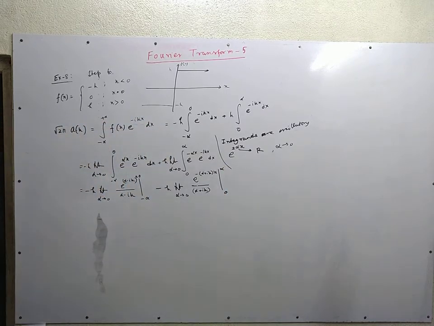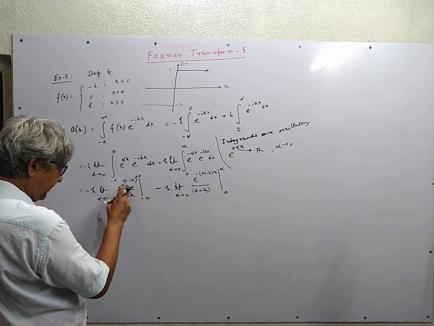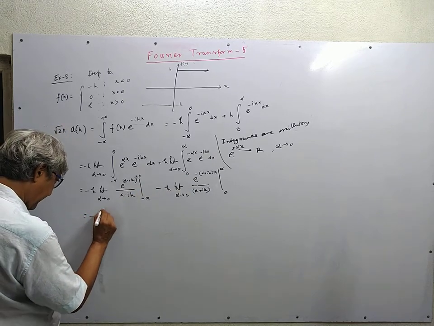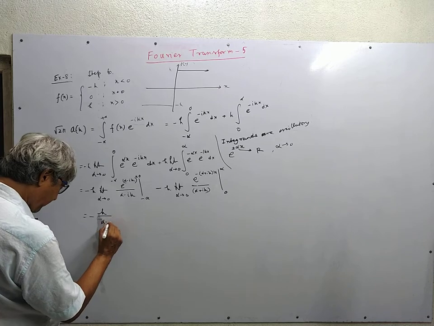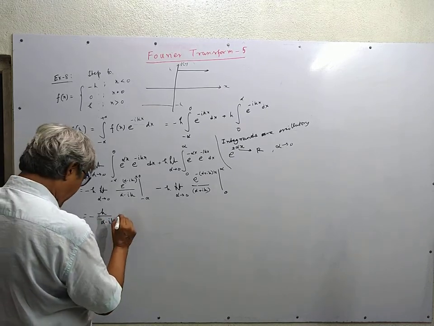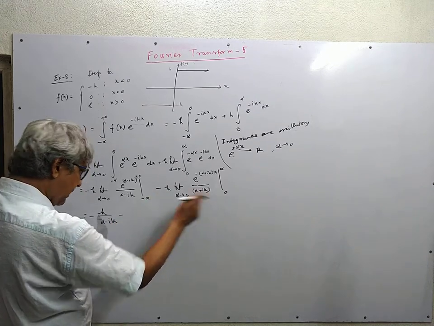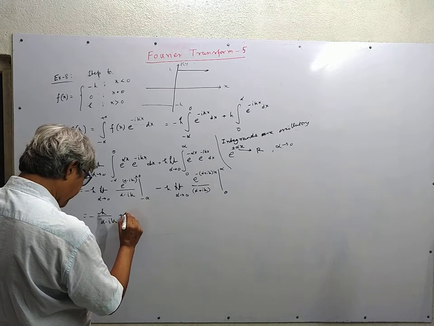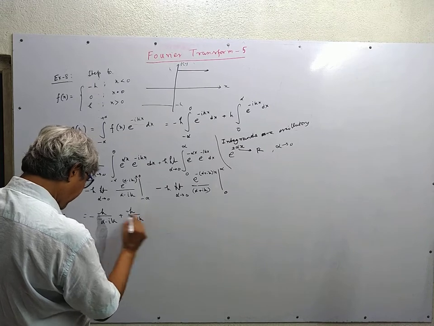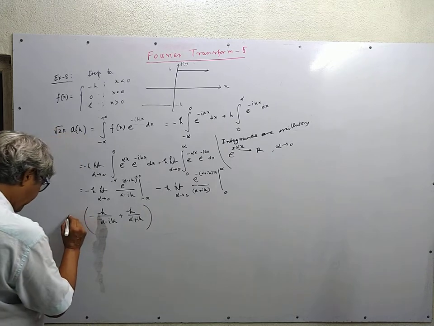We see that due to the presence of the alpha factor, at infinity this will die off, and the result is minus h over alpha minus i k, obviously with limit alpha tends to 0, and for this the contribution will come from the lower limit, so its sign will be positive, h over alpha plus i k, and we put both within limit alpha tends to 0.